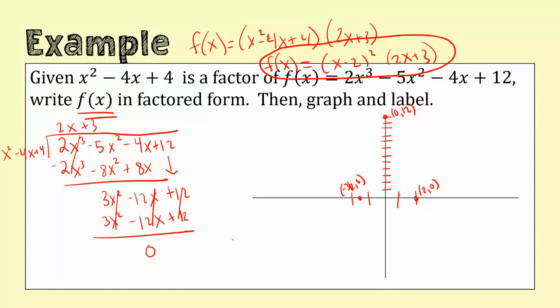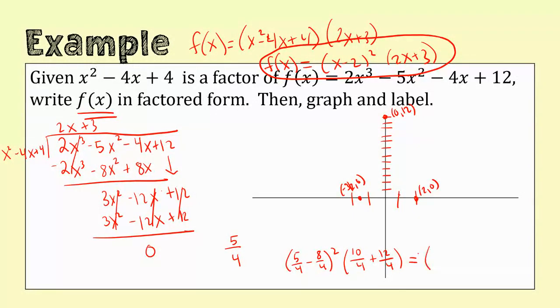Let's do the point of inflection, negative b over 3a. So it's 5/4. And then I'll actually just plug that back into the factored form. So that's going to give me 5/4 minus 2 squared, and then 2 times 5/4, so 10/4, plus 12/4.